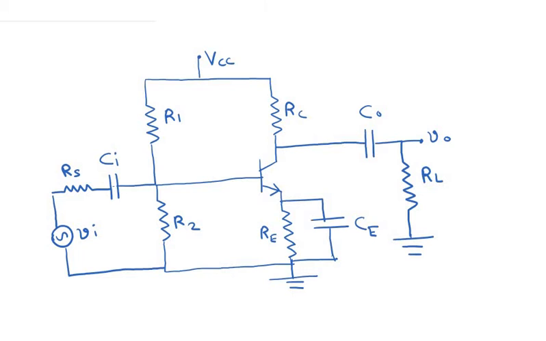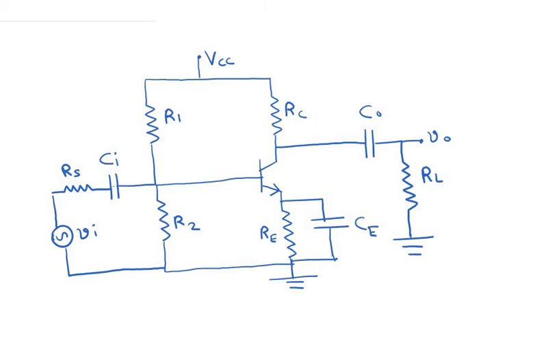We have already seen this circuit. We were just discussing the effect of the different capacitors. The biasing circuit used in this case is basically the voltage divider biasing.